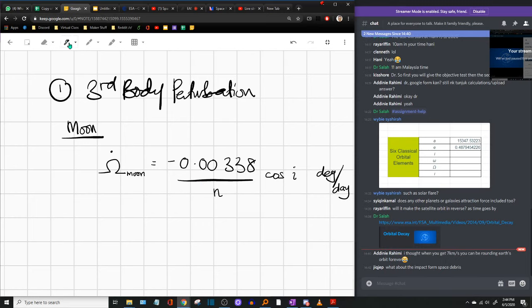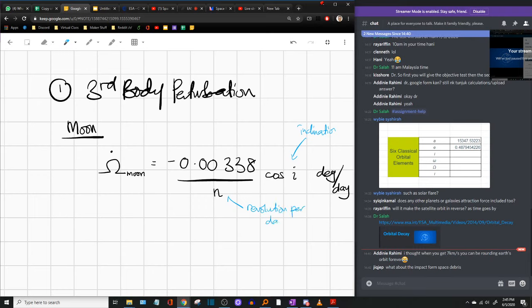You need to know the inclination angle of your orbit, and n, the number of revolutions of your orbit per day.